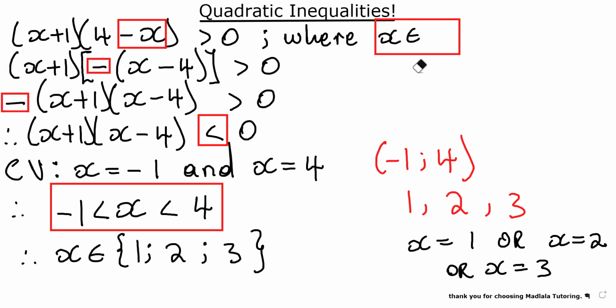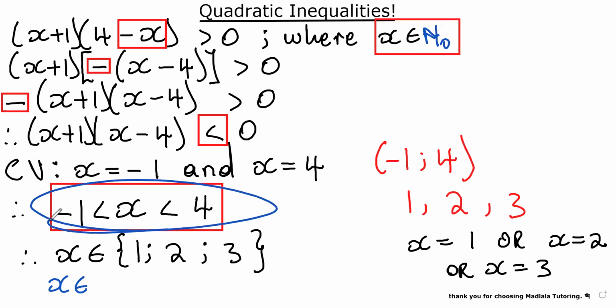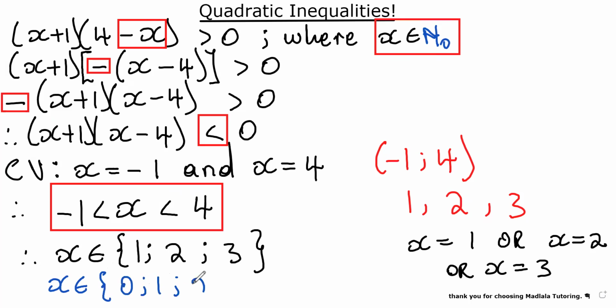But let's say maybe they said x must be an element of whole numbers. It's still an N, but with a subscript naught. You don't say the subscript is 0, it's a subscript naught, as in naughty. That's the meaning of that. Well, if they wanted whole numbers in this interval, -1 to 4, you're just going to add 0 because 0 is a whole number.